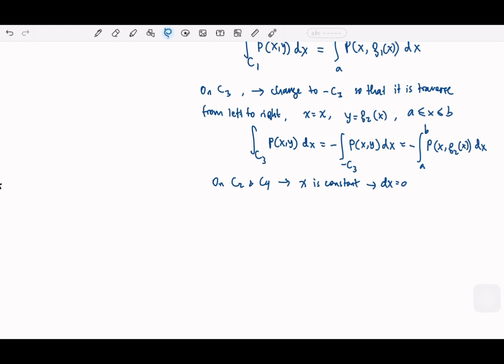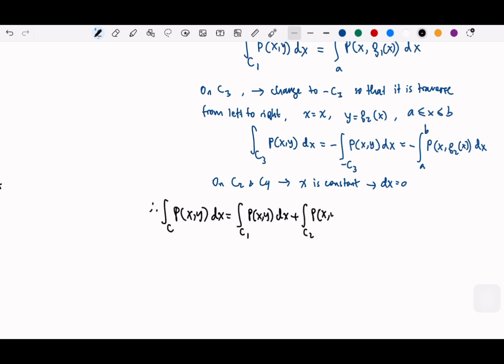Okay, so the line integral of p dx will be C1, let me write completely, plus C2 plus C3 plus C4.